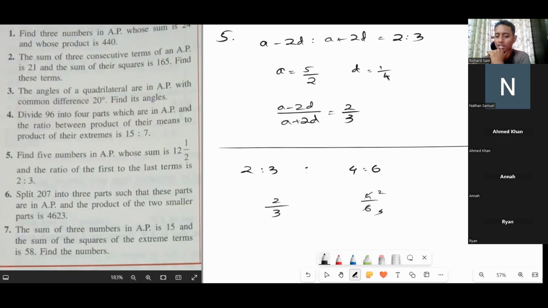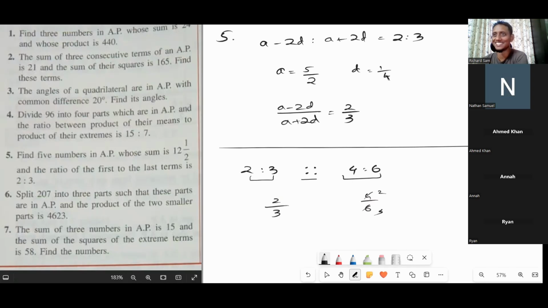The sign for proportionality is the double colon. This is read as 'is as', I-S, A-S, not double S. So how do you read this? 2:3 is as 4:6. Is that clear?